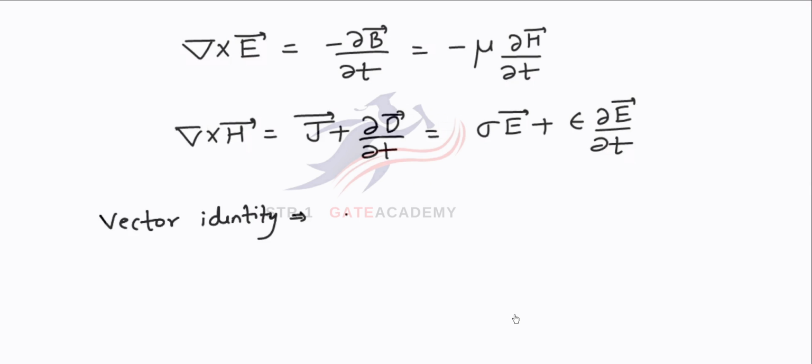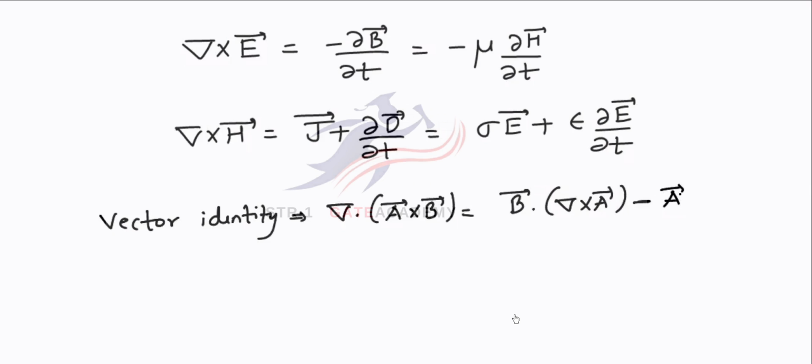The vector identity is del dot A vector cross B vector is equal to B vector dot del cross A vector minus A vector dot del cross B vector. This is one of the vector identities. Now we will make use of this vector identity over here.